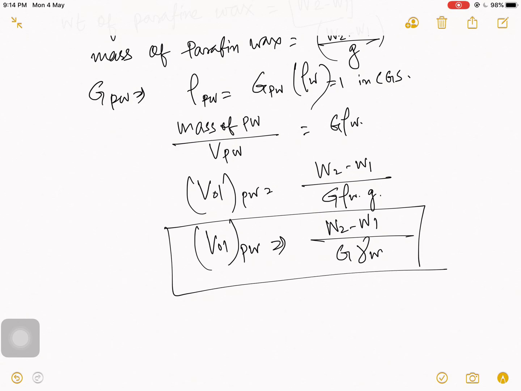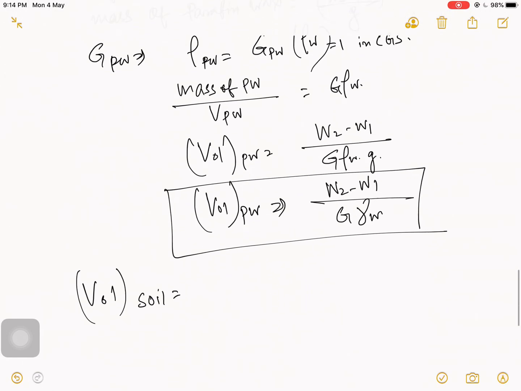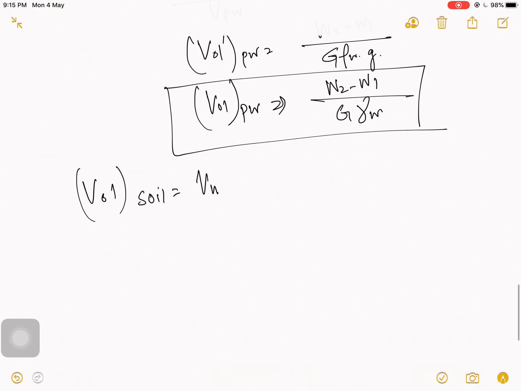Now we just substitute the value. Then the volume of soil is equal to the volume of water minus (W2 minus W1) divided by G gamma W.